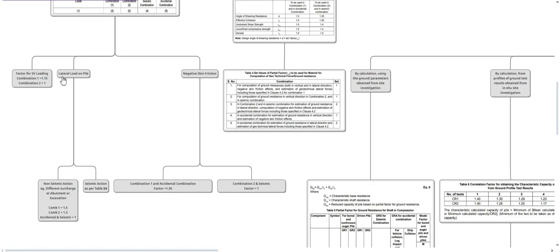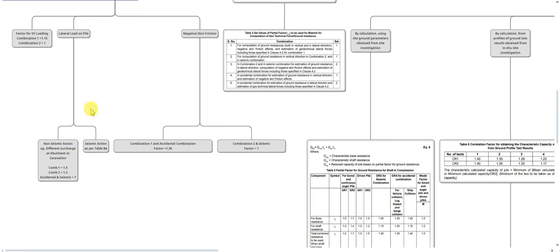For piles that are subjected to lateral loads, there are two cases. For lateral load due to non-seismic action, such as different surcharge at abutment or at excavation location, the combination 1 factor shall be 1.5 and combination 2 factor shall be 1.3. For accidental and seismic combination, the factor shall be 1.